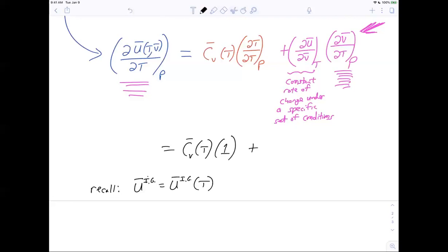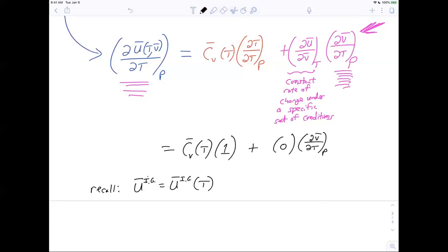Zero. That's exactly right, because it doesn't depend on volume. So there's going to be no change in U if volume changes, because U does not depend on volume. So we don't have to worry about this. At this point, we can just leave this guy here.